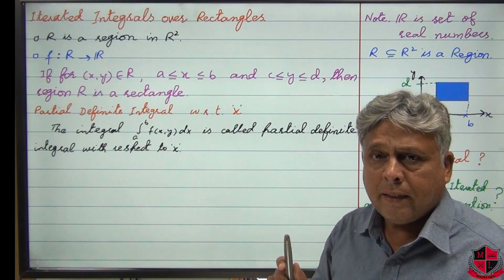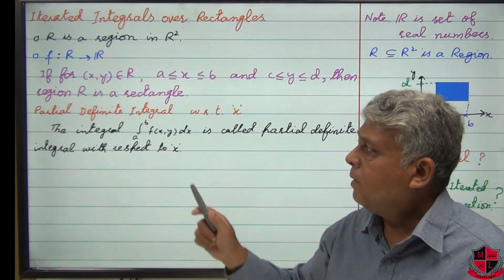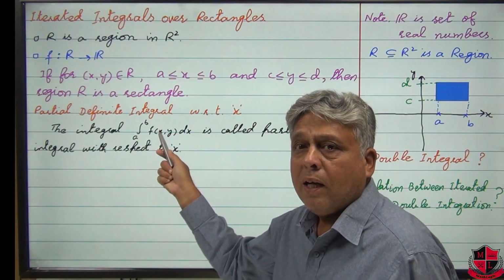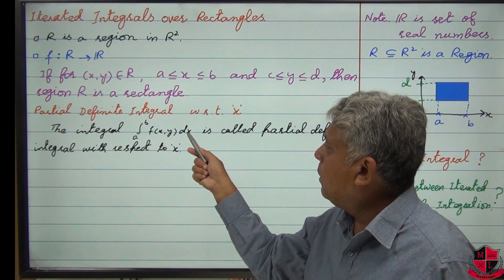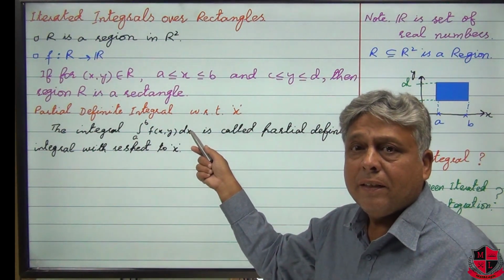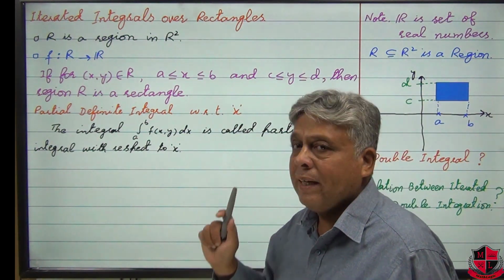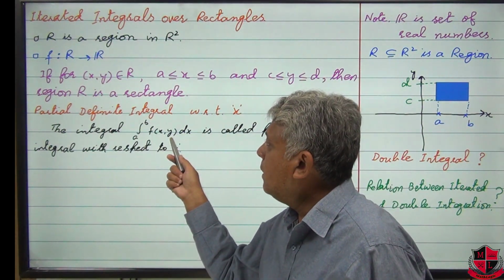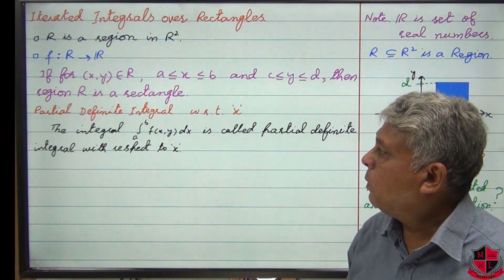It is an integral in one variable. The function is of two variables, but in this integral we will integrate with respect to x and we will keep y constant. This integral is called the partial definite integral with respect to x.